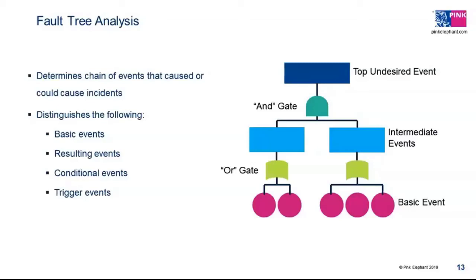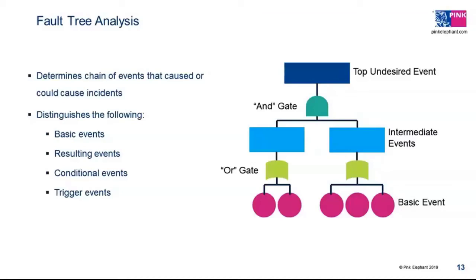You may also have conditional events, which means this has to happen for the AND gate to be true or the OR gate to be true. There are trigger events. Trigger events are the conditions that restrict or affect the logic gates as well.